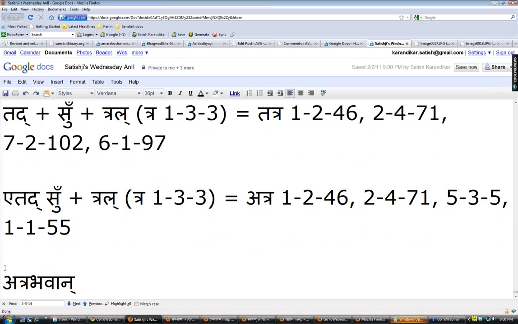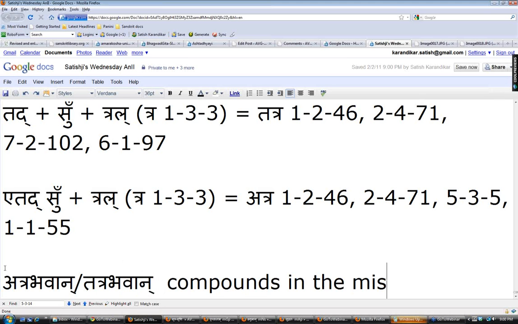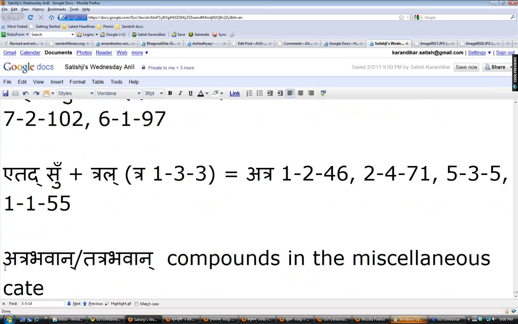Tatra Bhavan is somebody who is far away or not in your presence, that honorary sir. So these are compounds in the miscellaneous category, called supsupa.